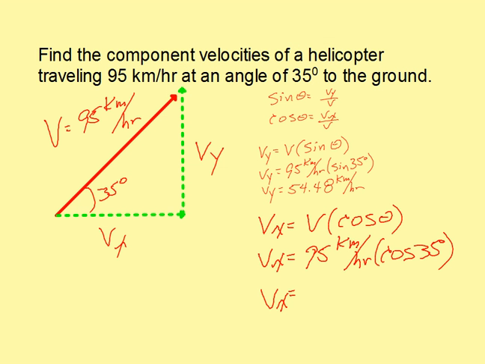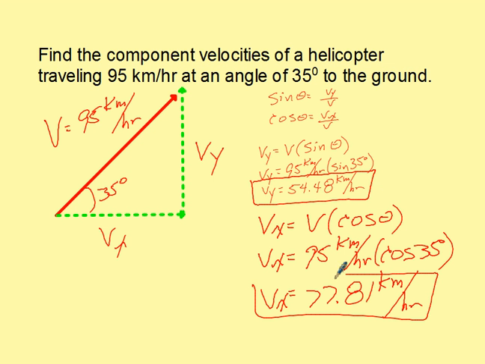That sounds about right. The velocity of X is 77.81 kilometers per hour. That gives us a magnitude of Y of 54.48 and a magnitude of X of 77.81.